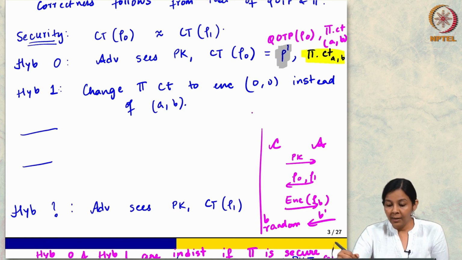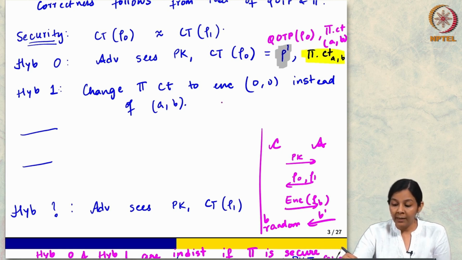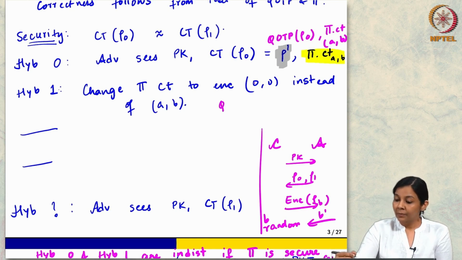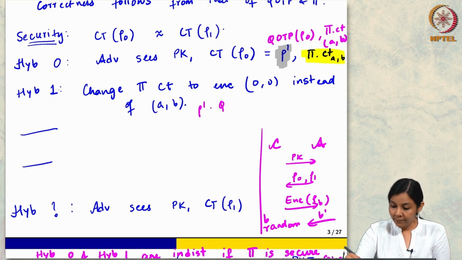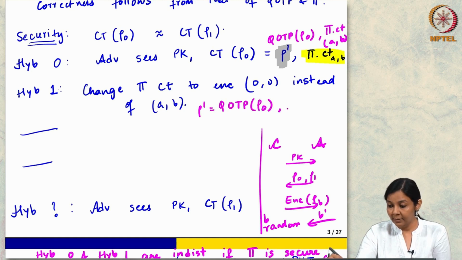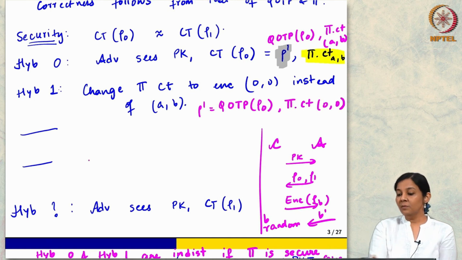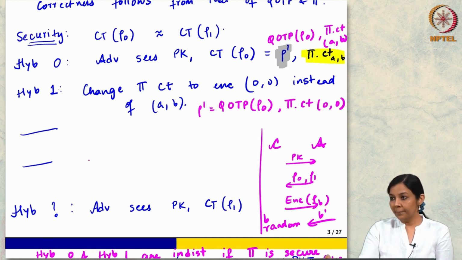In hybrid 1, I am claiming that I simply change what is sitting inside, the ciphertext of pi. So, what is my quantum ciphertext in hybrid 1? Good. Rho prime, which is QOTP of rho 0, very good, and pi dot CT 0 0. This is what I said I am changing.